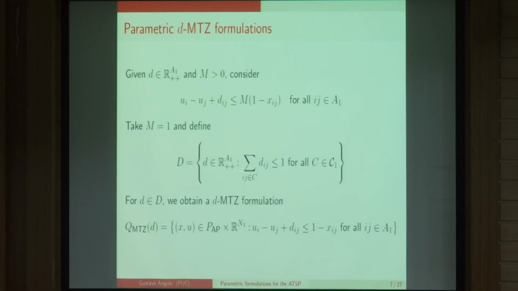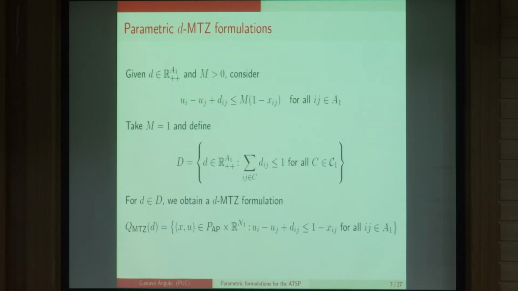So this is another valid formulation. And notice that for any choice of a positive vector D, we have a different formulation, and all of them are valid. Okay, so we want to study maybe the differences or similarities between different choices of this parameter D.